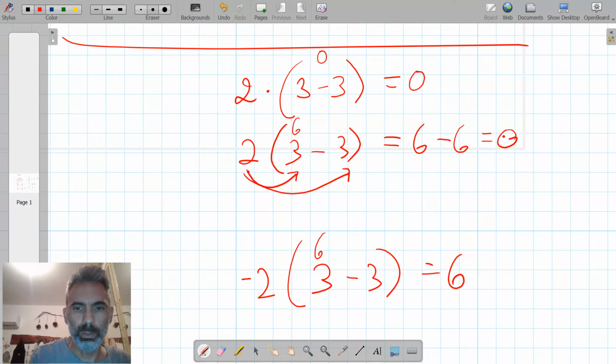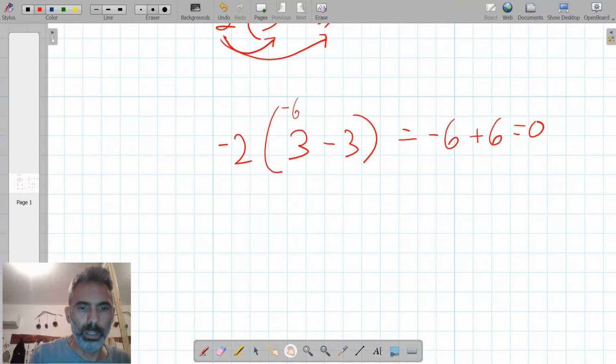And we need to get to 0 because we know that the parentheses evaluate to 0. So minus 2 times minus 3 needs to be positive, so we get to 0.